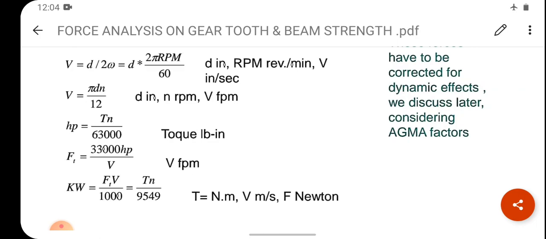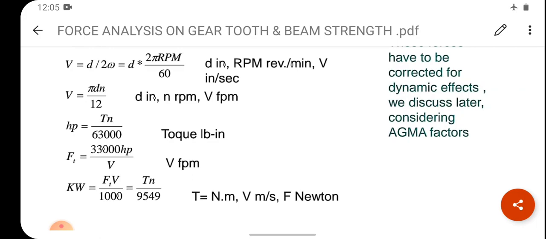In terms of horsepower, we can write HP equals T N upon 63,000. T is the torque in pound inch, as the case may be Newton meter. Newton meter is the torque, but here I have taken pound inch. N is the revolutions per minute. Also, Ft is given as 33,000 HP upon V. In this case, V is in feet per minute.